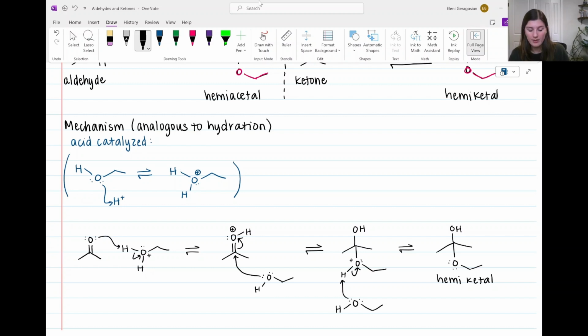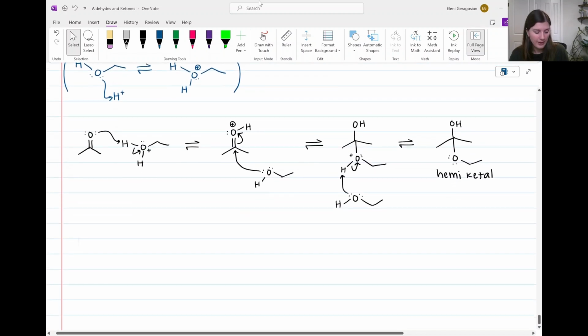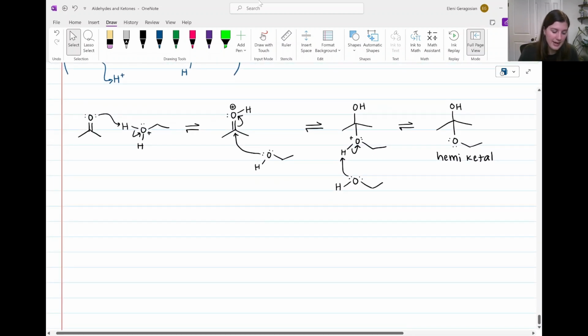Now I noted earlier that cyclic glucose is formed through a reaction to form a hemiacetal. These intramolecular hemiacetal, hemiketal reactions are favorable if you're forming a 5 or 6 membered ring.